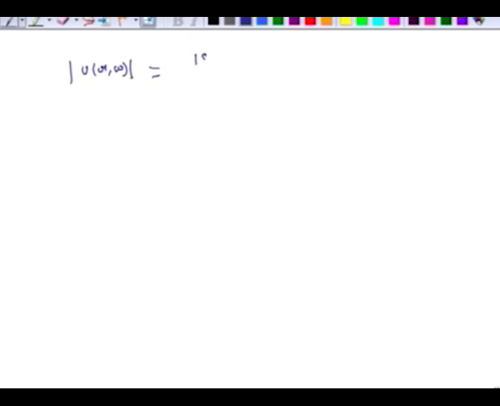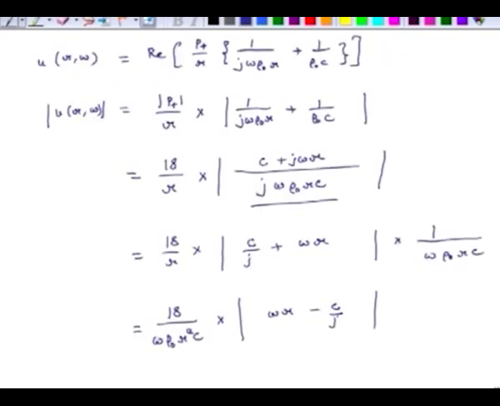this equals 18 divided by omega rho naught r square c times, and if I have to calculate the magnitude of this, it is basically the square of this entity and the square of, excuse me, I made an error here, the c over j should be replaced by c times j.